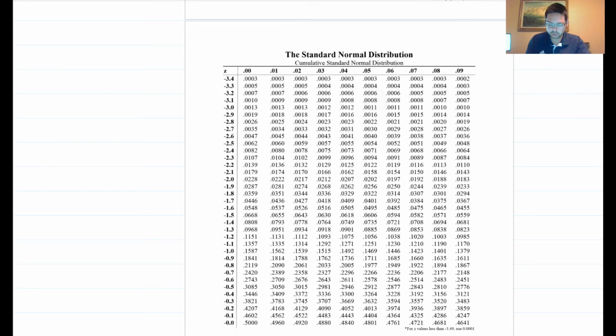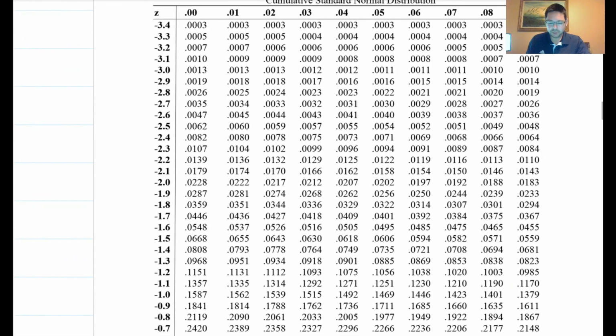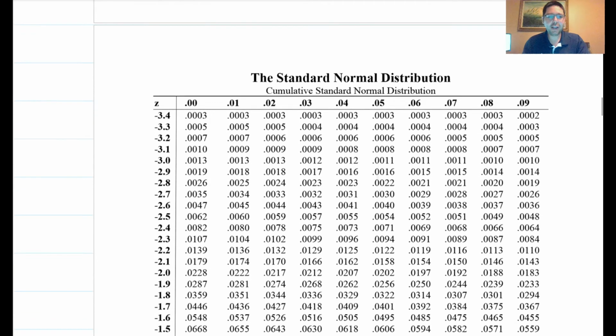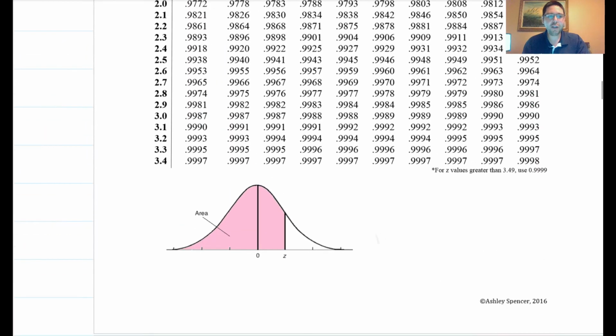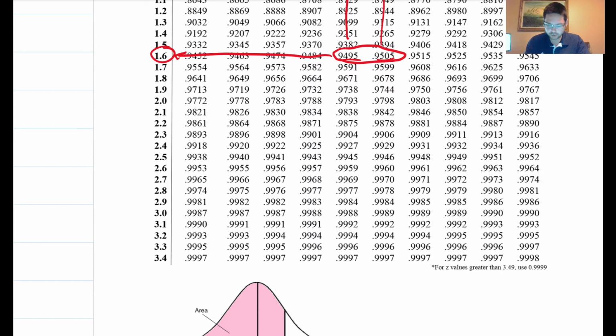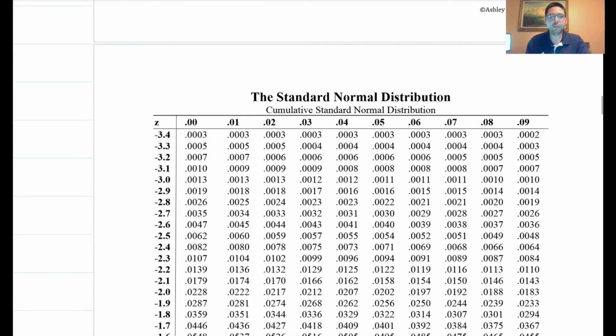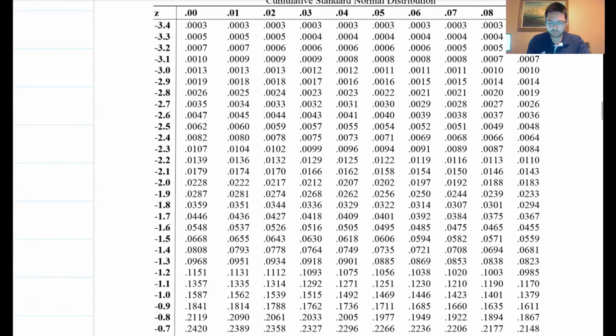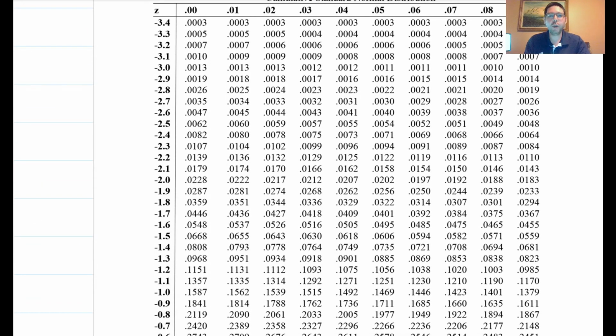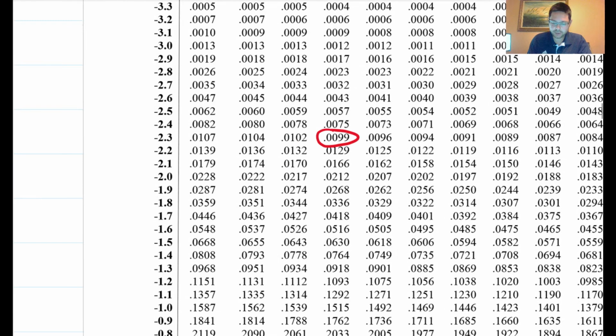If you go to your areas, you want to be on the negative side of the Z chart, not the positive side, because the positive side has big areas, right? The areas here are big, 0.99. You want to look for the smaller areas. We're trying to look for as close to 0.01 as possible. And that would be this one right here, 0.0099.